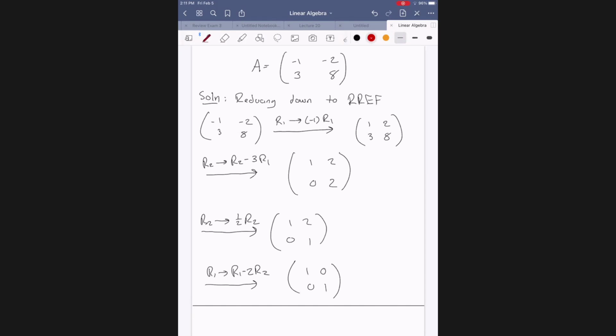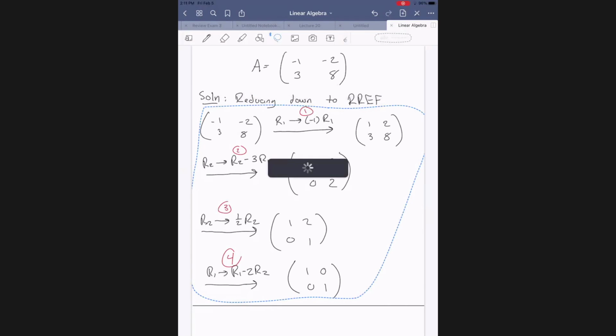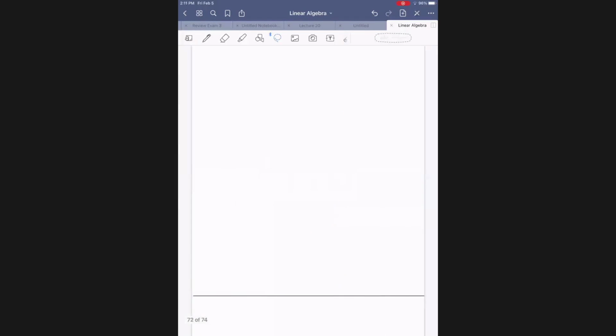So now all you do is what we did in the last example last time. Just label all these operations you did, and we will write down their elementary matrices. So let's see, I'm going to put it here.